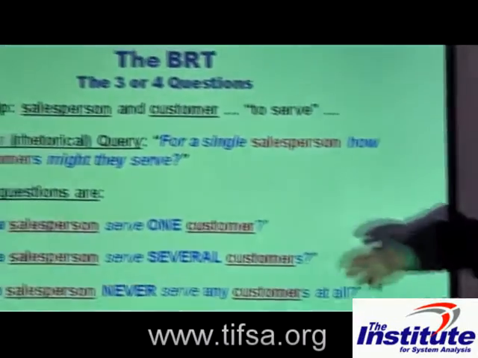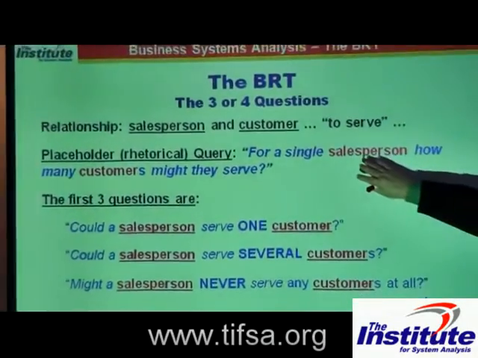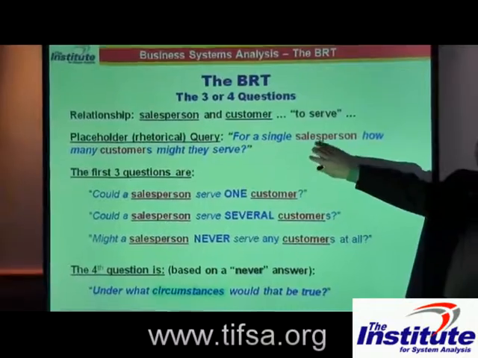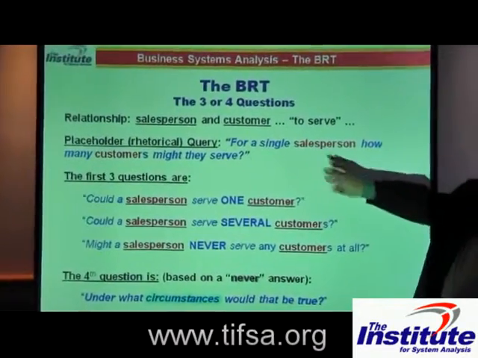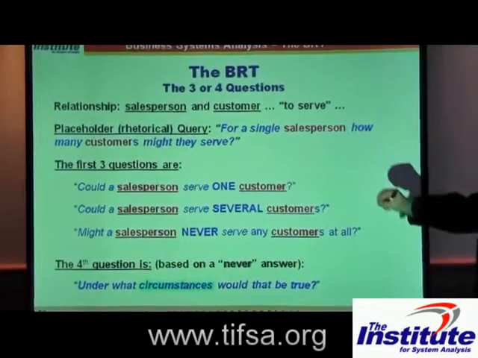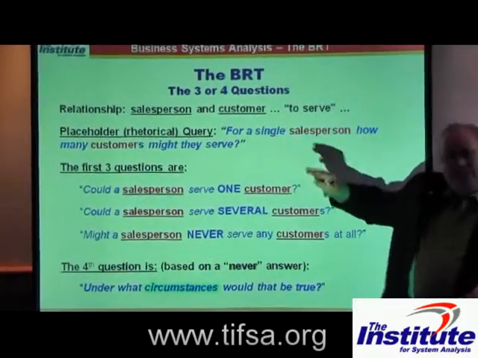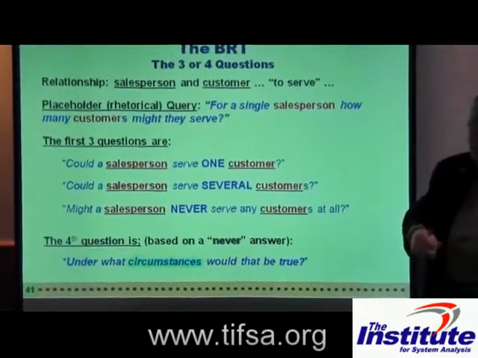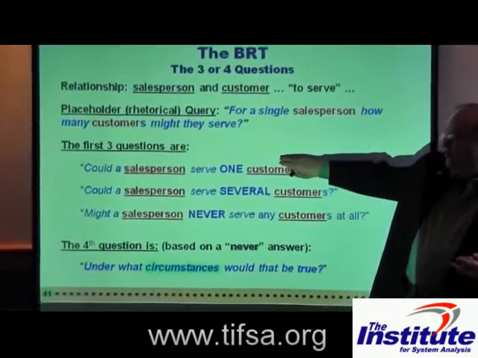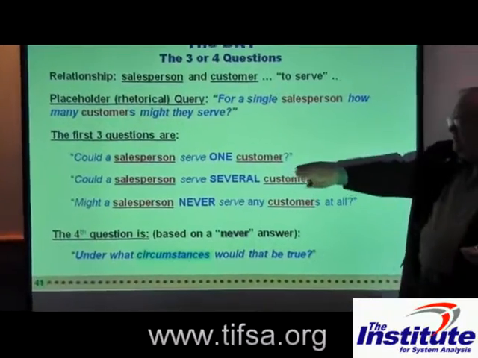So if we look at the questions, remember the first thing we have is that placeholder question. It's rhetorical, it doesn't require an answer, but it gets everybody on the same page. For a single specific salesperson, how many customers might they serve? That gets everybody on the same page and the same thinking pattern. We immediately go on to three questions.